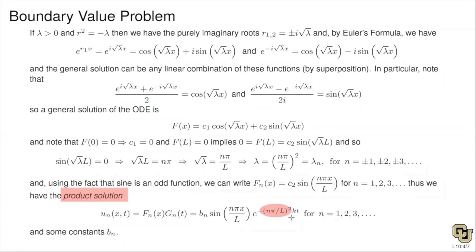Now it's lambda sub n kt. And here is my spatial part. So one part is taking care of space and one part is taking care of time. And each of these functions is a solution. Theoretically, we haven't verified anything. Theoretically.